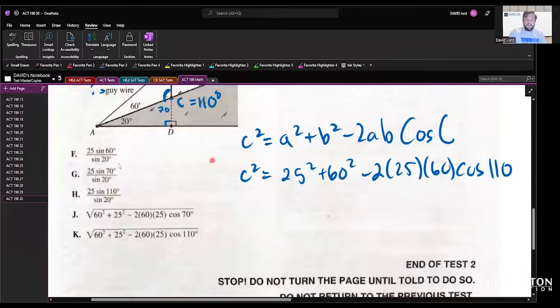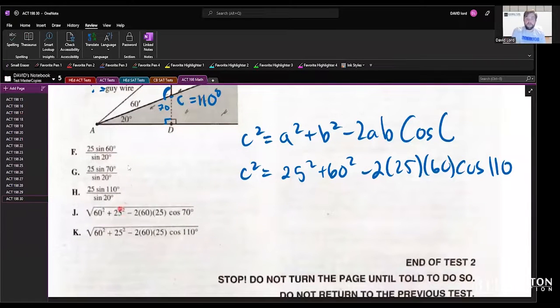Now, looking at the answers is maybe helpful to you because you can see right away that we don't actually have to mathematically solve this. We just have to look at the formula. And looking at them, these look pretty good, pretty good, pretty good. The only difference is the angle here. And so because I want cosine 110 and minus, that's why the answer was K. And congratulations, you're now done with the ACT Math test.